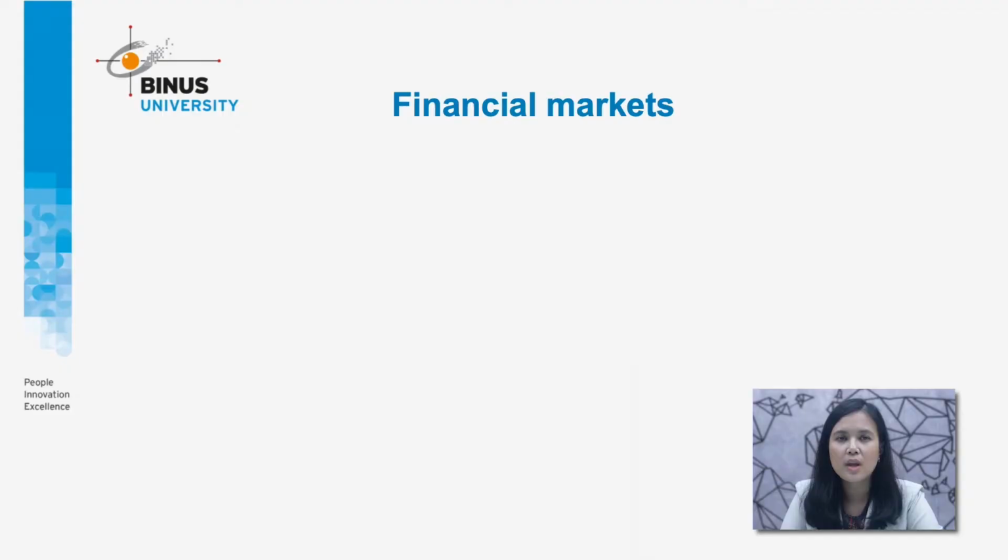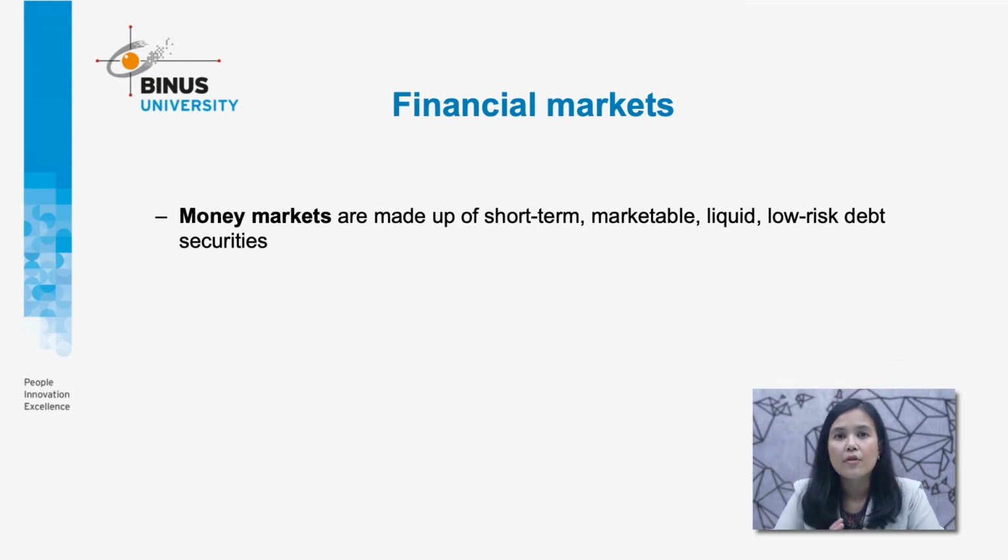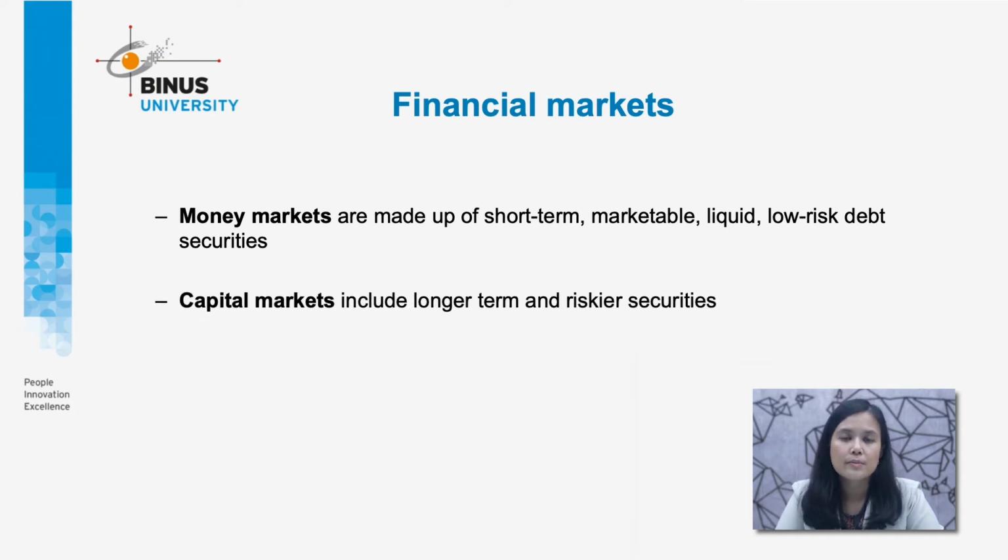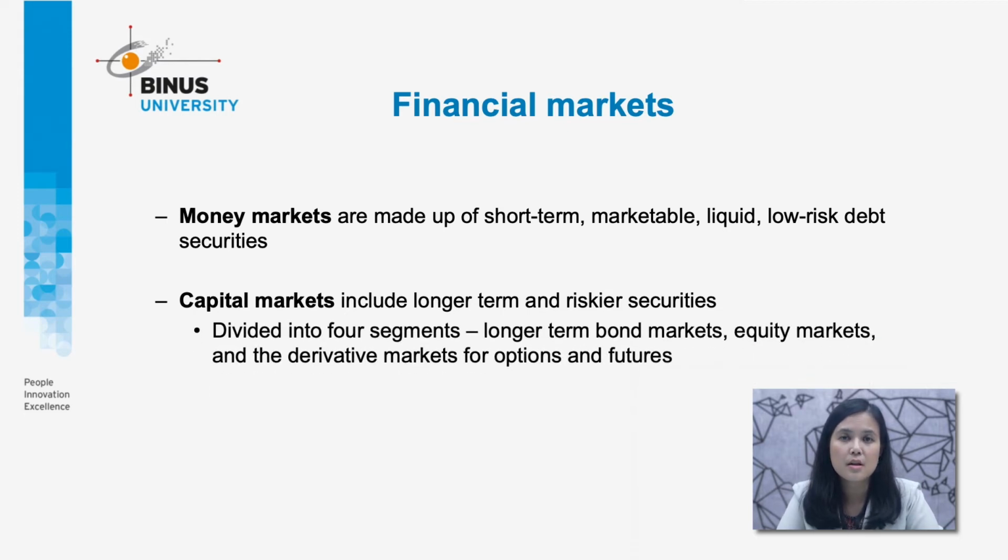For example, money markets are made up of short-term, marketable, liquid, low-risk debt securities. On the other hand, capital markets include longer-term and riskier securities, which are divided into longer-term bond markets, equity markets, and the derivative markets for options and futures.